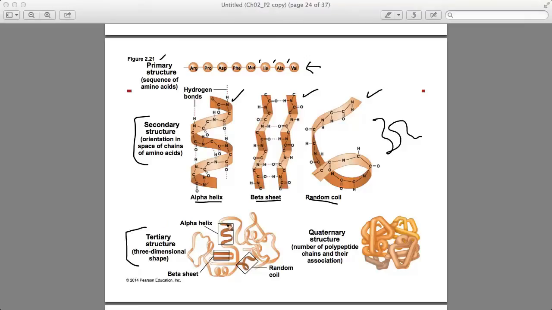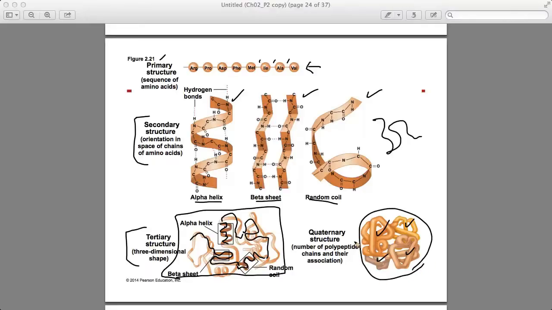So here you see an alpha helix, and then a random coil, then another random coil, and then forming a beta sheet, etc. So this shape of the protein is known as the tertiary structure. Okay. And if you have several subunits here and here and here of a very complex, large protein, then we talk about the quaternary structure of this thing here.